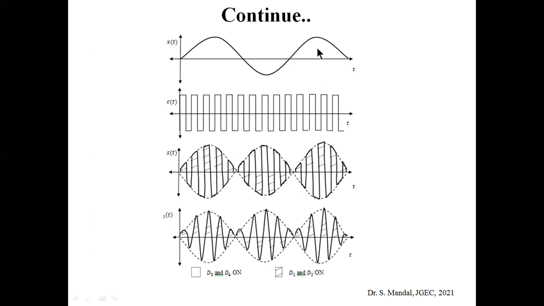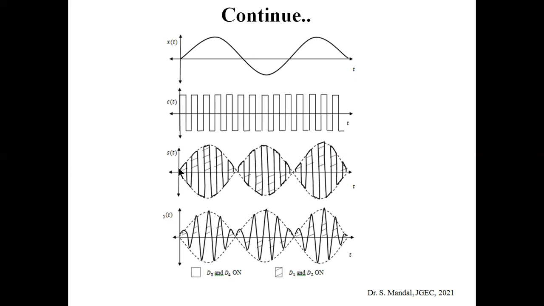Clear? Again I am telling you, remember just this: when the polarity is positive then D1 and D2 will be on and we get the output from these two diodes only, and when the polarity is reversed D3 and D4 are on and we get the output from D3 and D4.